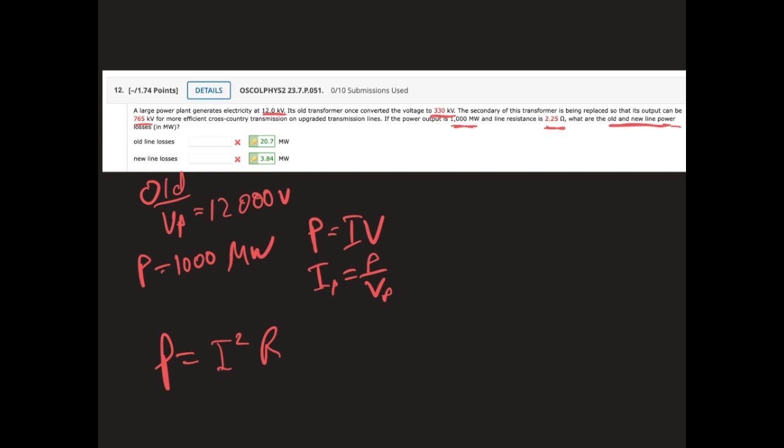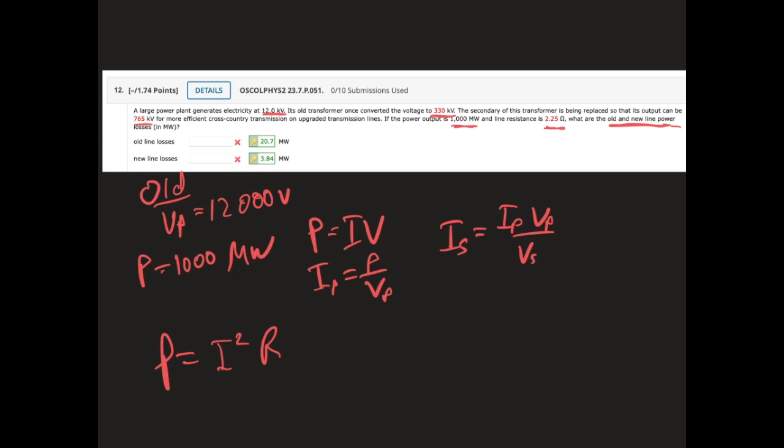Once I have IP, I can use my transformer equation. I'm going to solve it already. I'm not going to write the whole thing, just to save space. IS equals IP times VP divided by VS.